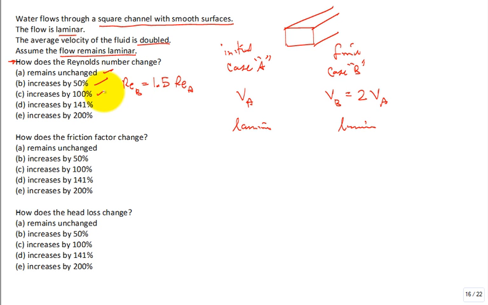Or does it increase by 100%, or 141%, or 200%? Let's answer this question first. How does that Reynolds number change? Do you need more than 30 seconds? There you go. 1 minute.